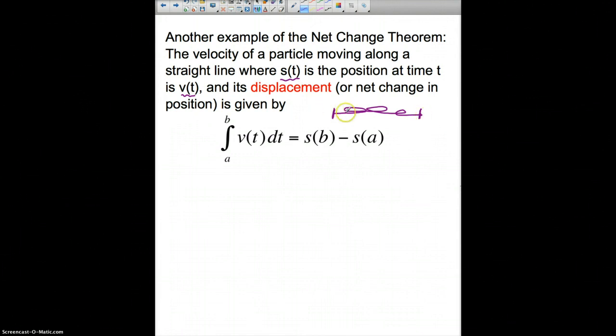That's what we're going for, the net change. We integrate the rate, integrate its speed, but velocity is speed with direction, right? So we're going to integrate the velocity. When you integrate velocity, you get the position function, and you plug in your b and your a, and you subtract them. That will give you your total displacement.